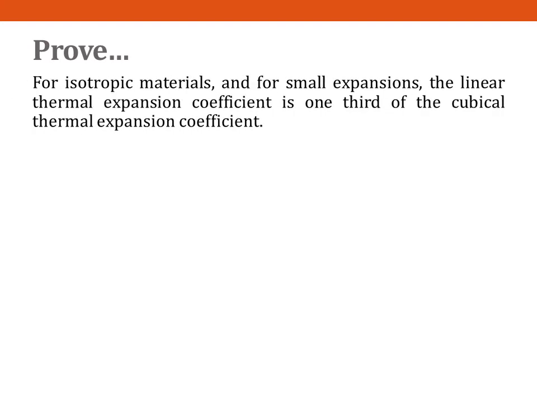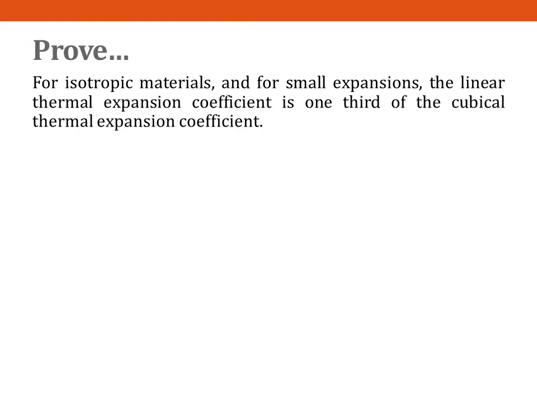We are now going to prove that there is a relationship between the linear thermal expansion and the cubical thermal expansion. For isotropic materials and for small expansions, the linear thermal expansion coefficient is 1/3 of the cubical thermal expansion coefficient.